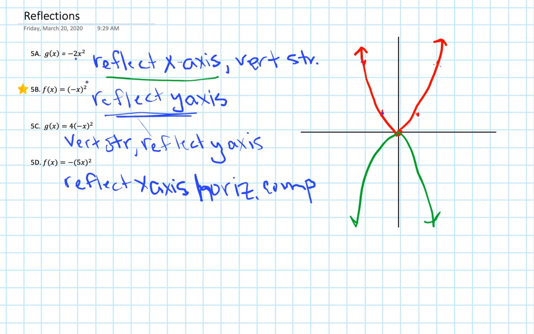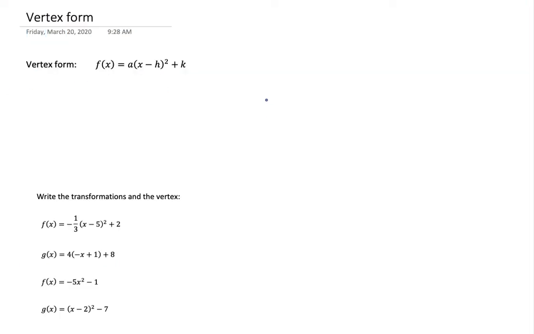The last thing I guess that I really want to talk about is vertex form. I decided we're not going to do too much with vertex form, but this is the form that we've been dealing with when we have an a out here, that's going to be a vertical stretch or compression.